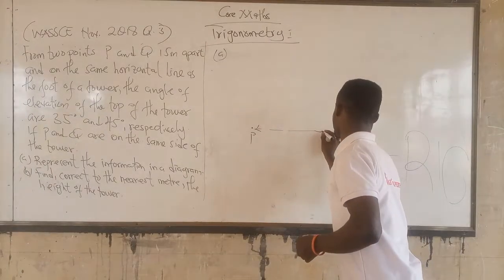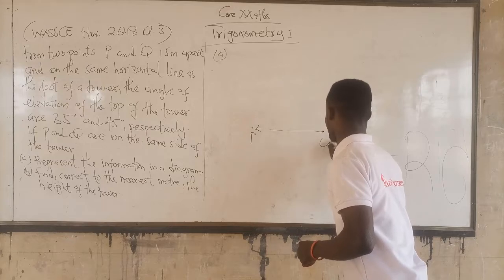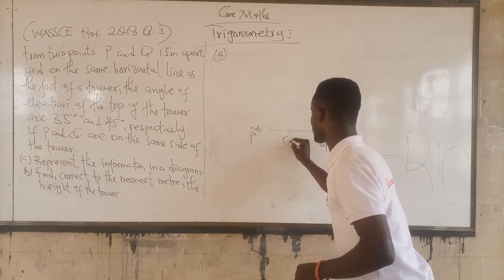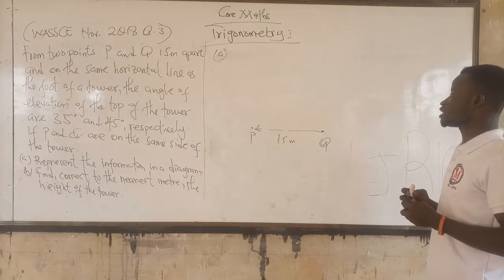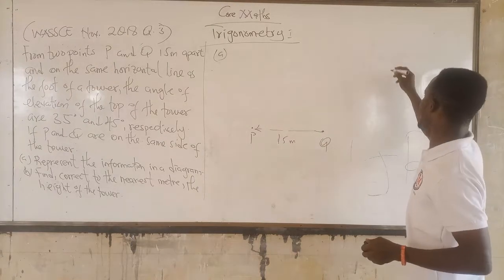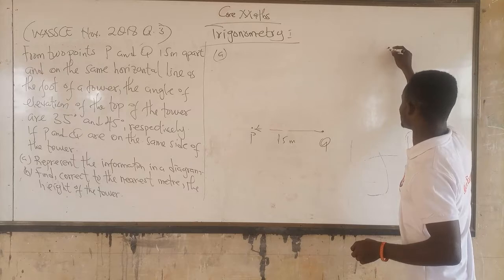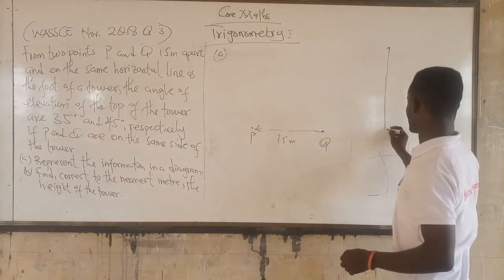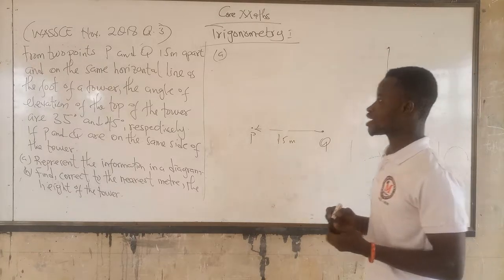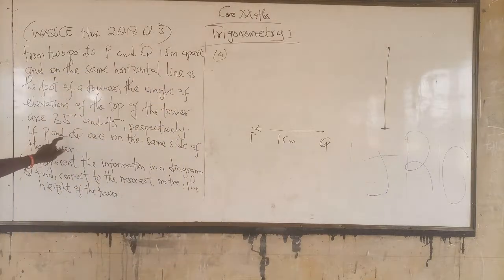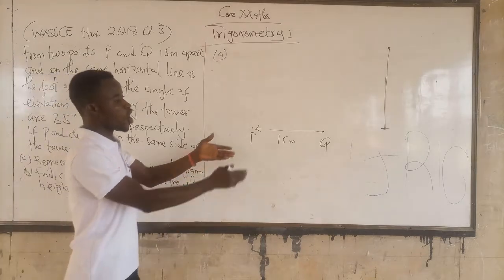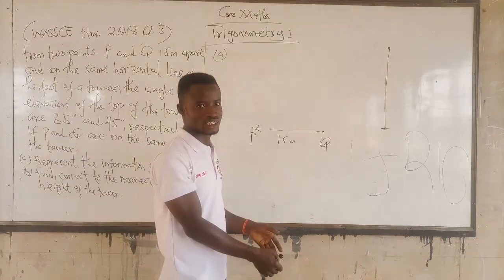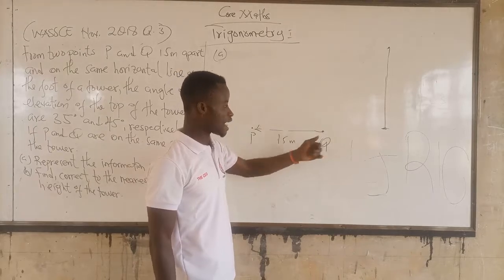So P and Q are here, 50 meters apart. Then let's assume that the tower, that is the pole, is somewhere here. Don't forget that the question says if P and Q are on the same side of the tower, so they are all on the same side.